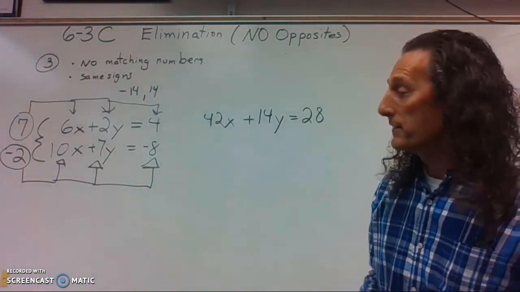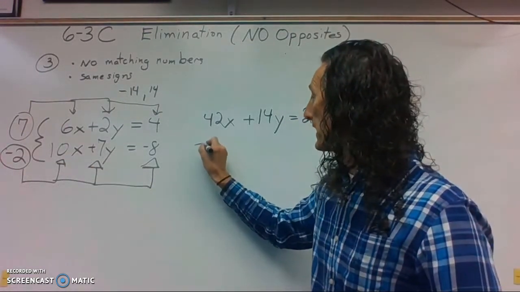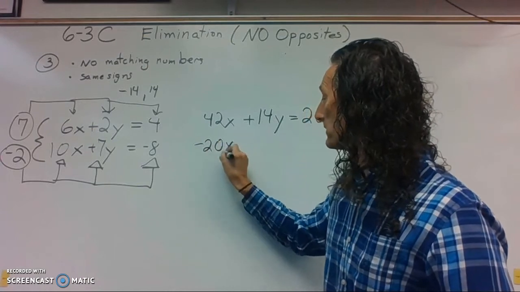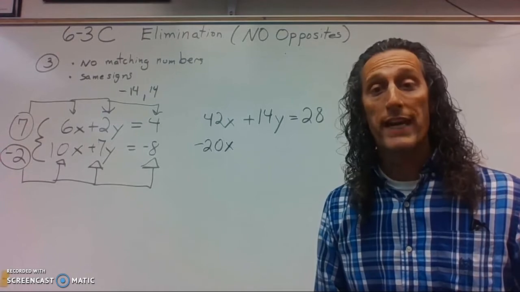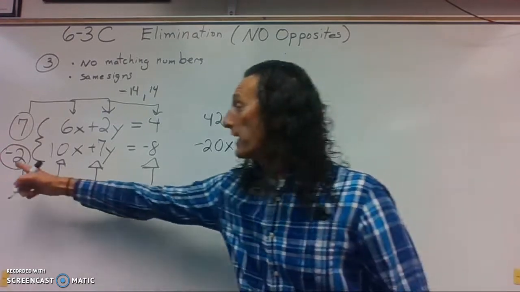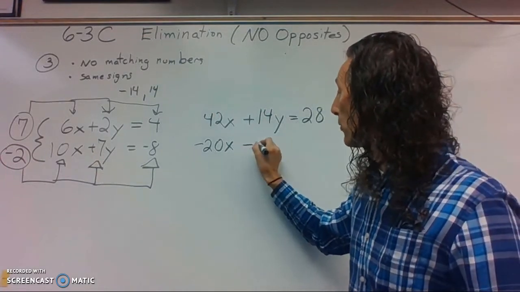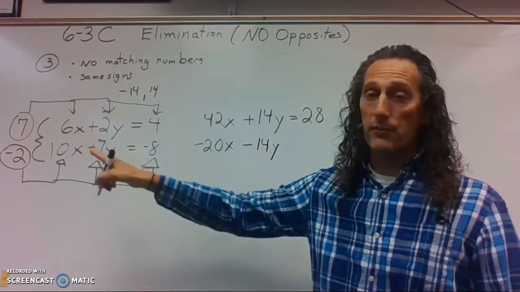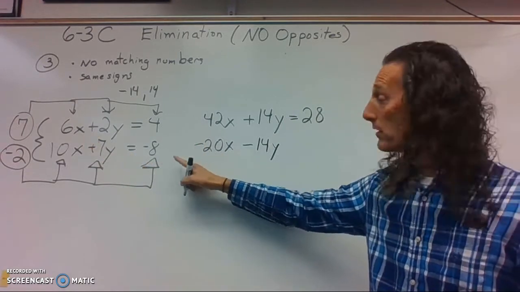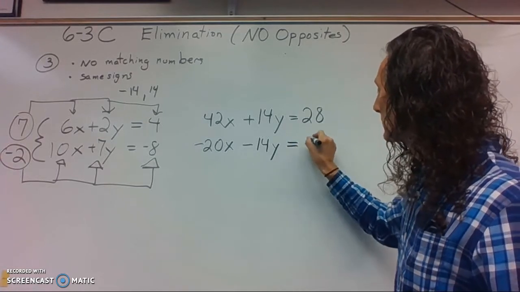So, what's the negative 2 going to do? Well, negative 2 times my 10 will give me a negative 20x. And most importantly, it's going to create my opposite. So, negative 2 times that positive 7 is going to transform it to negative 14y. And then negative 2 times the negative 8 makes a positive 16.